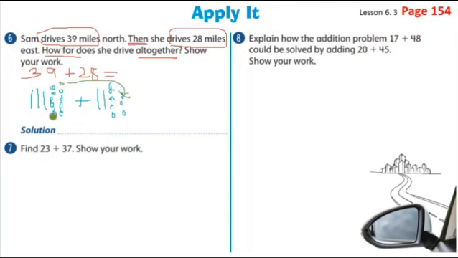So now, how many 10s do I have? 1, 2, 3, 4 10s. So that's going to be 40. And then I have how many 10s over here? I have 2 10s. And 1, 2, 3, 4, 5, 6, 7 ones.